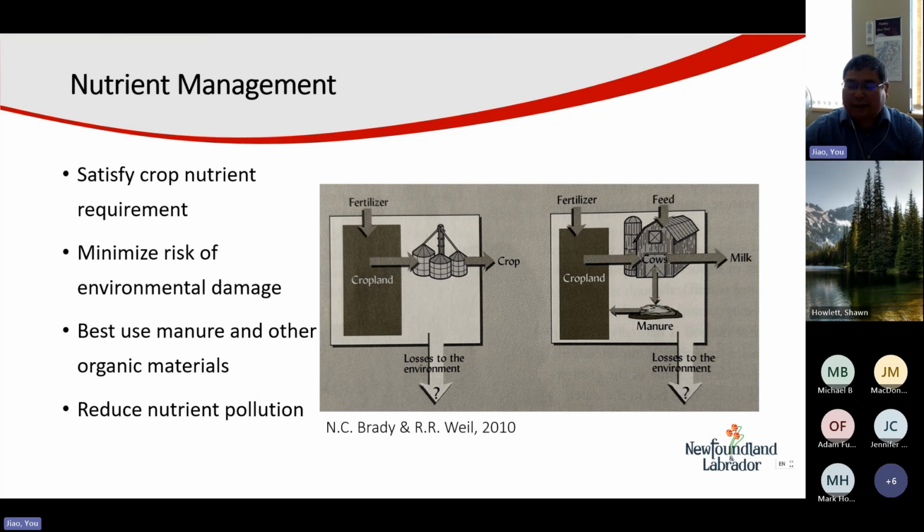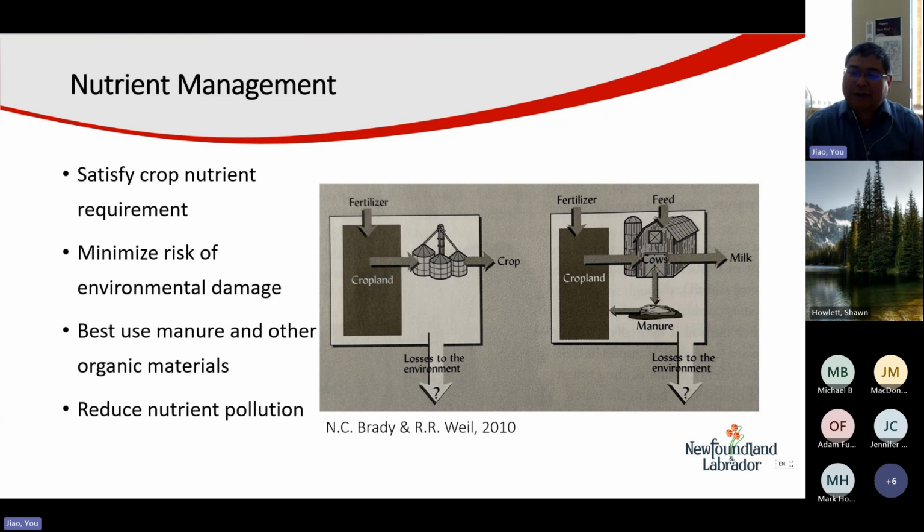Even though we have manure from the cows, and the manure can be spread to the land to provide nutrients, the nutrient balance is not the right ratio for the crop, so we still need to supplement with fertilizer. In this case, it is a circle.